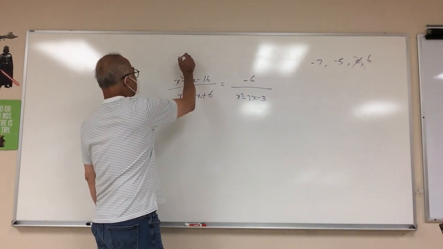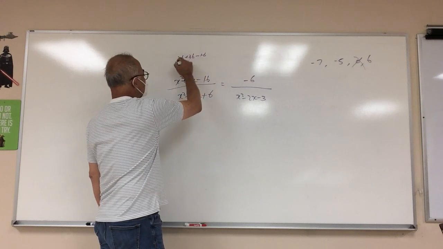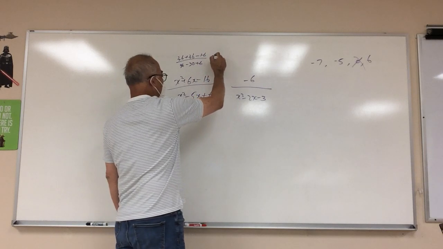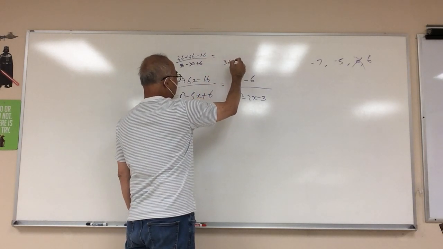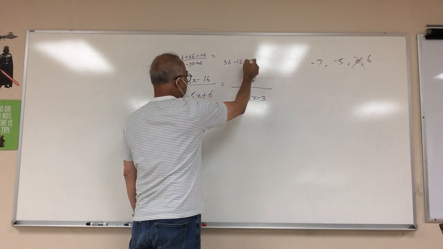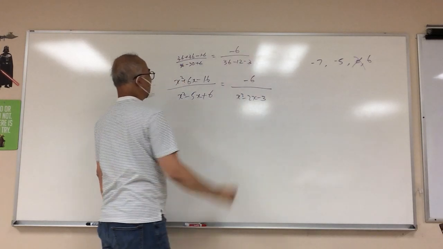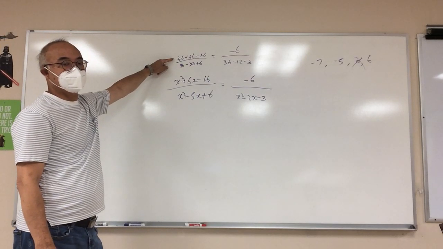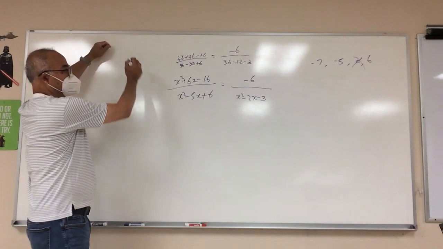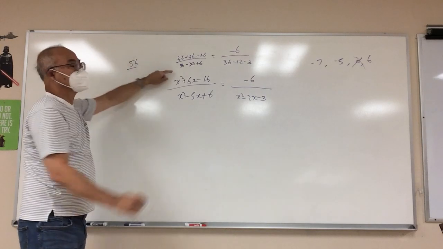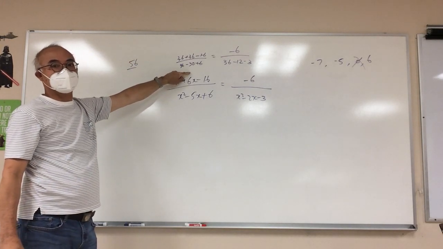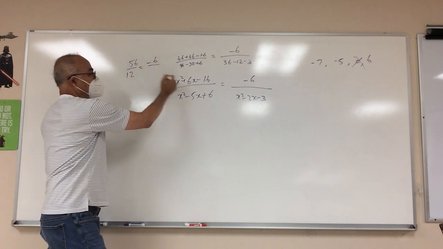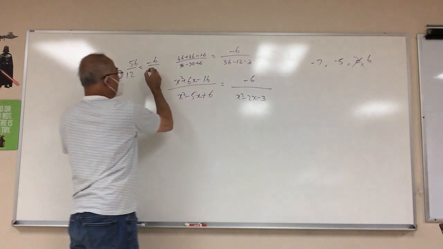So I get 36 minus 16, 36 minus 30 plus 6, 36 minus 12 minus 3 minus 6. 72 minus 16 is 56. 36 minus 30 is 6, plus 6 is 12 over 24, 21.